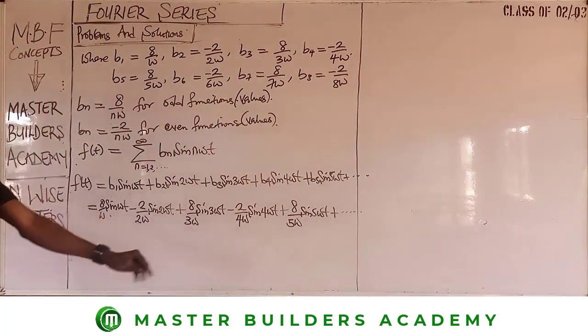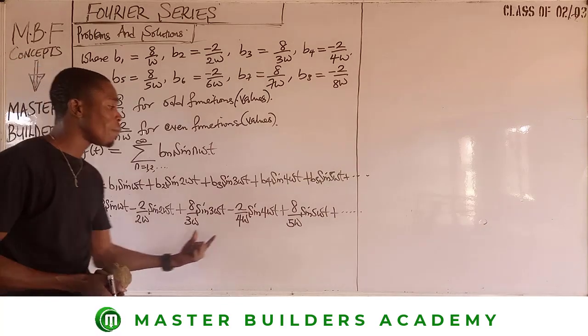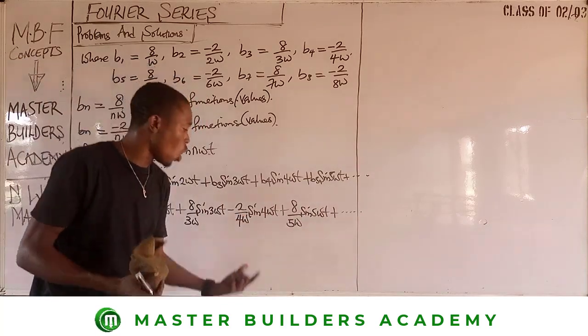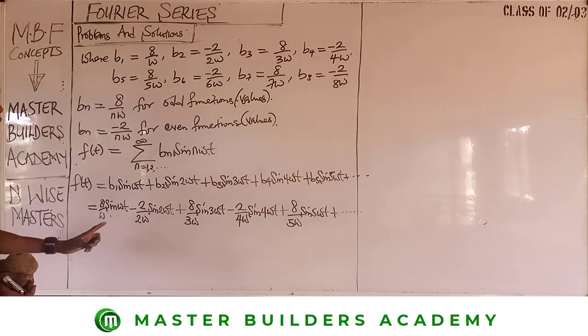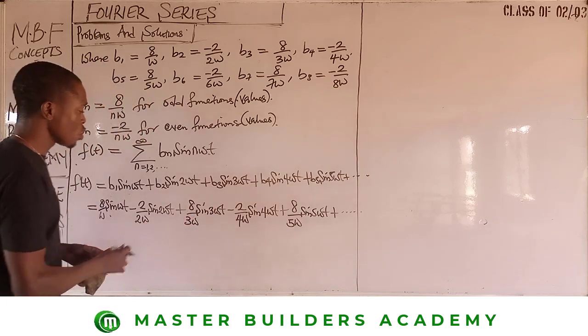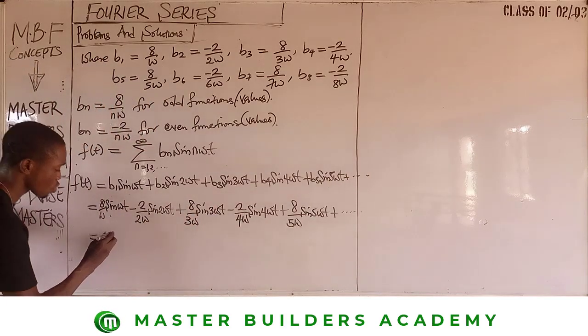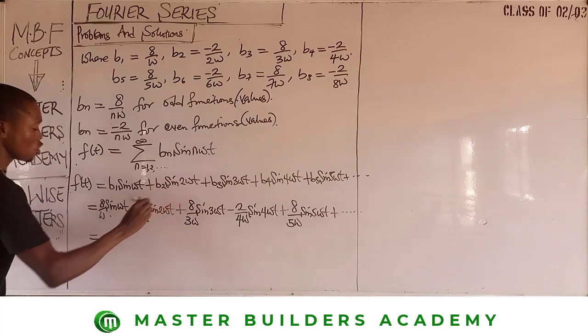This is our answer. You can equally decide to factorize, say, maybe omega is common, pick out omega, or you decide to take the even numbers and the odd numbers separately. We can do that. So for the odd numbers, what is common is 8 over omega.